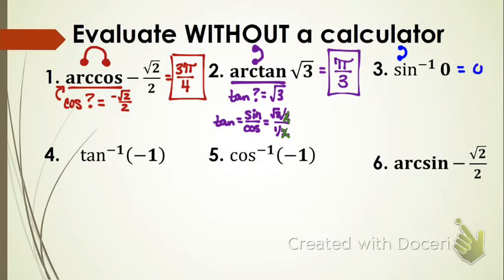Zero. Absolutely. Because anytime I'm after inverse sine, inverse cosine, inverse tangent, I want to know what is the angle. So this is saying sine of what angle gives me a value of 0. And that happens at 0 radians. So far, so good? All right.